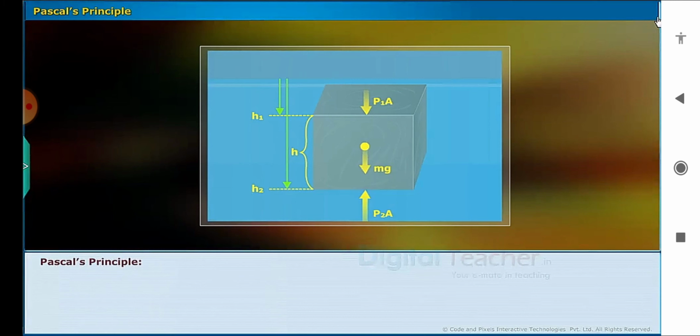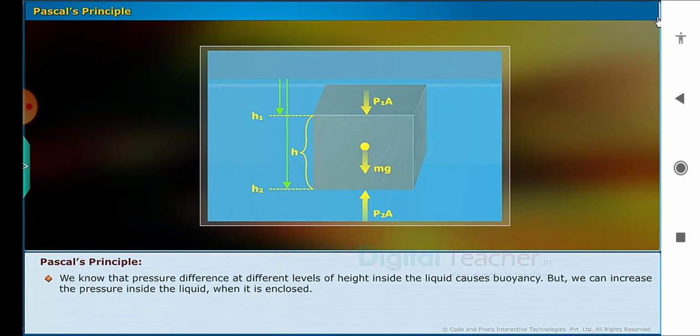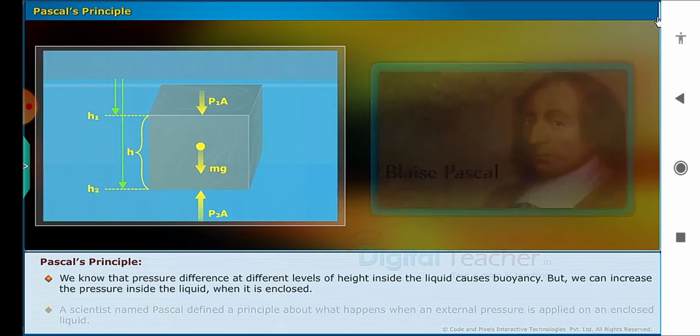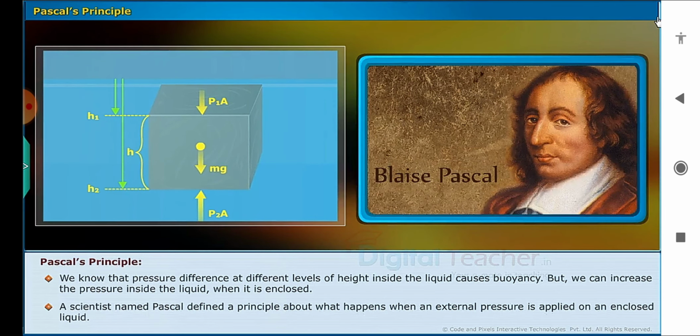Pascal's Principle. We know that pressure difference at different levels of height inside the liquid causes buoyancy, but we can increase the pressure inside the liquid when it is enclosed. A scientist named Pascal defined a principle about what happens when an external pressure is applied on an enclosed liquid.